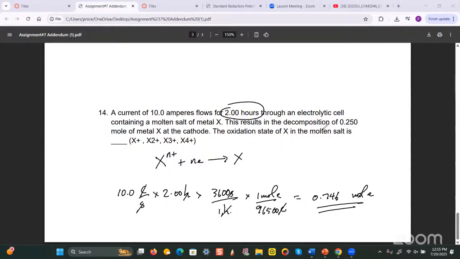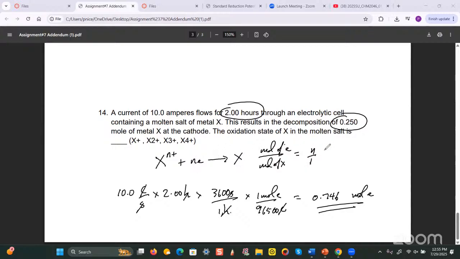Now, the question continues to say that the moles of the metal would be 0.250 moles, right? Now, based on this equation here, the ratio of the moles of electrons divided by moles of X would be equal to n over 1.